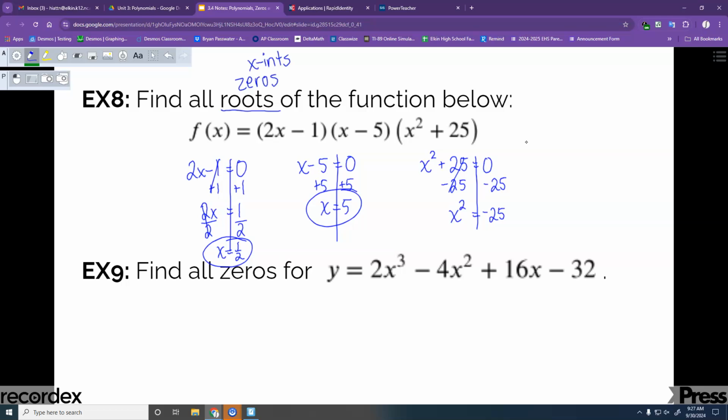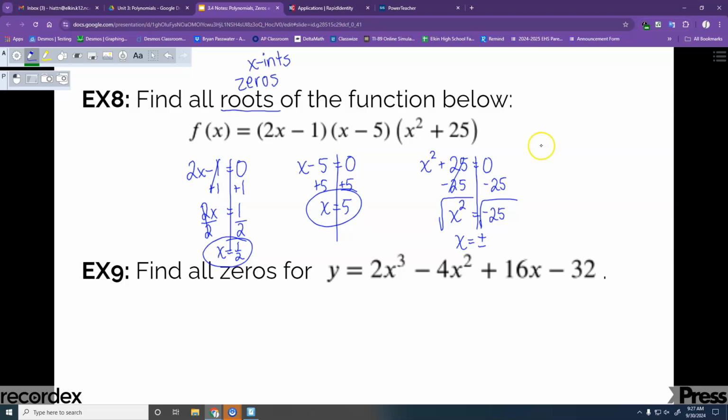We got to square root it. So to get rid of a square, we have to square root. Now, here's where we run into an issue. First of all, this is a rule from solving quadratics. If you take the square root of both sides, you must put a plus or a minus right here. Okay. Now, I am taking the square root of negative 25.